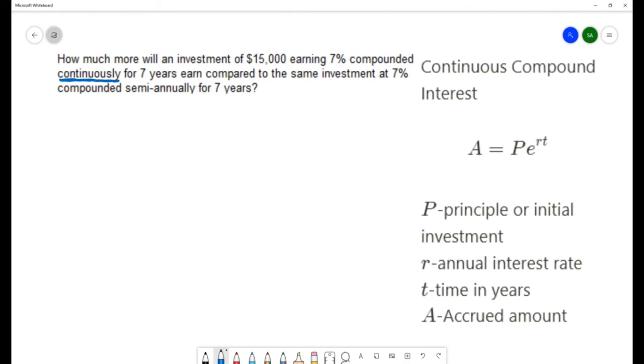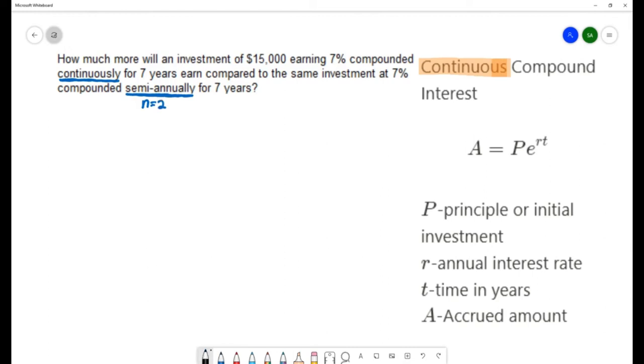This compound interest formula is the continuous compound interest formula. The previous one was a periodic compound interest formula, and we are going to be using that formula in this problem as well, because we do have the interest compounding semi-annually. That tells us that n is going to be 2.